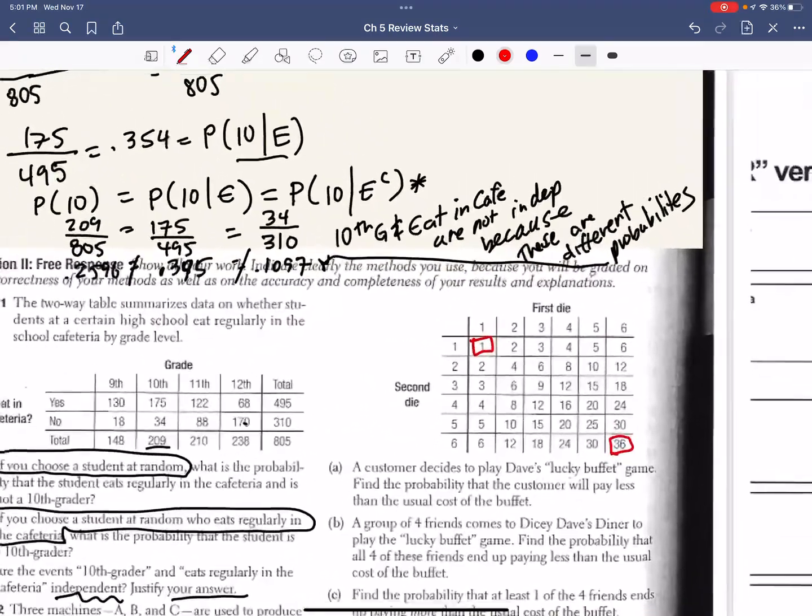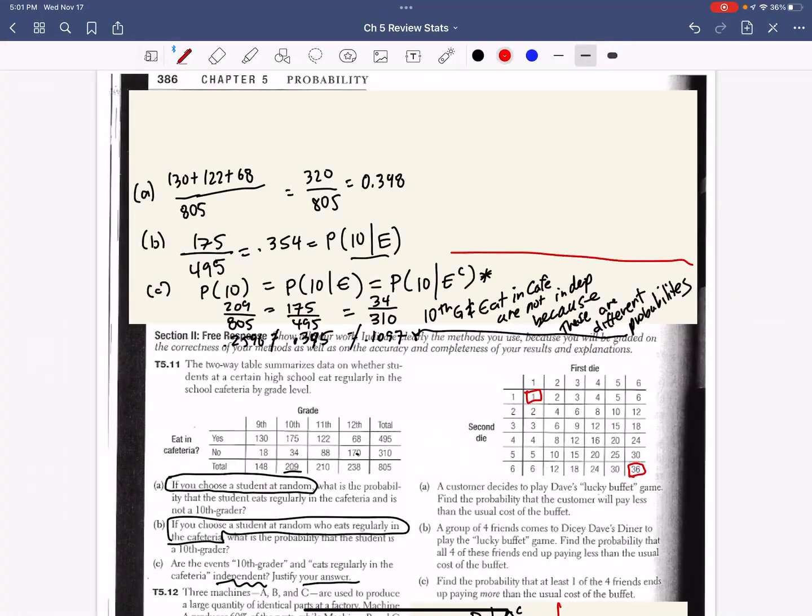Okay, so question A says, a customer decides to pay Dave's to play the game. Find the probability that the customer will pay less. So this reminds us of who will win the last banana. These customers would pay less. Yep. Okay, those customers would pay less. Find the probability that the customer would pay less. Okay.